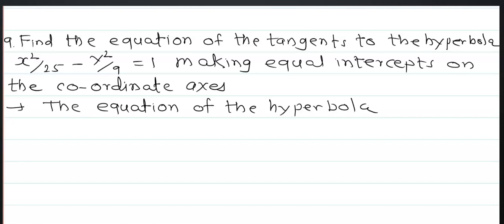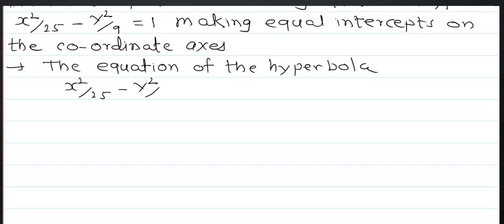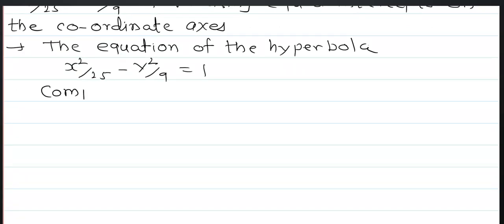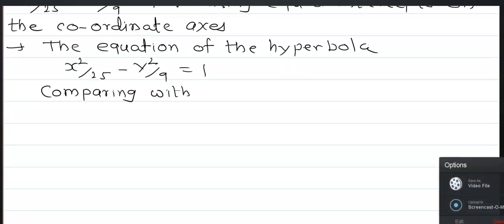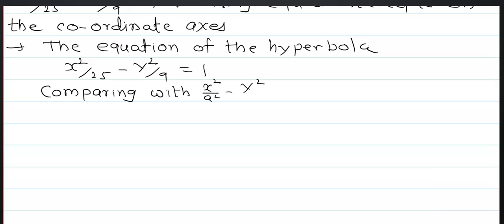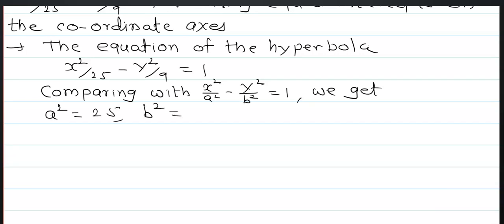Equation of the hyperbola x square upon 25 minus y square upon 9 equals 1. Comparing with x square upon a square minus y square upon b square equals 1, we get a square is 25, b square is 9.